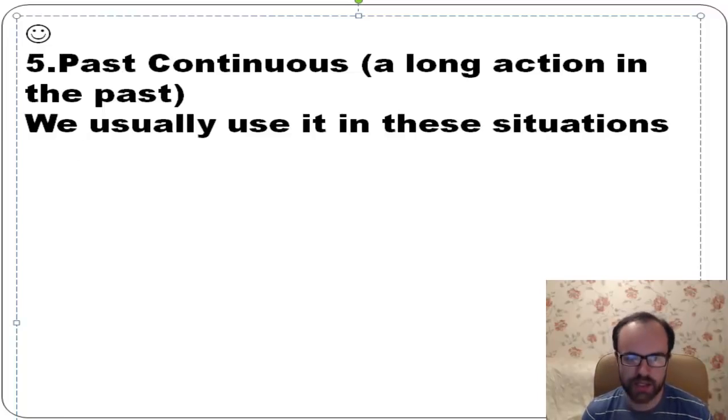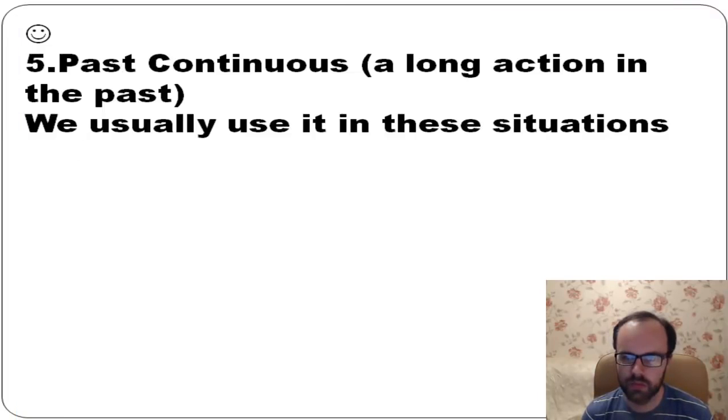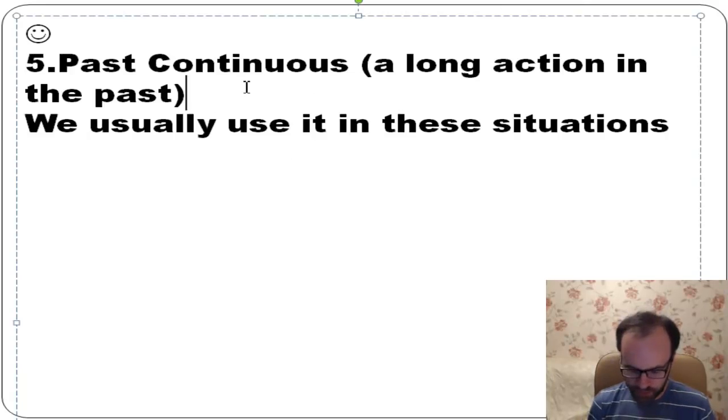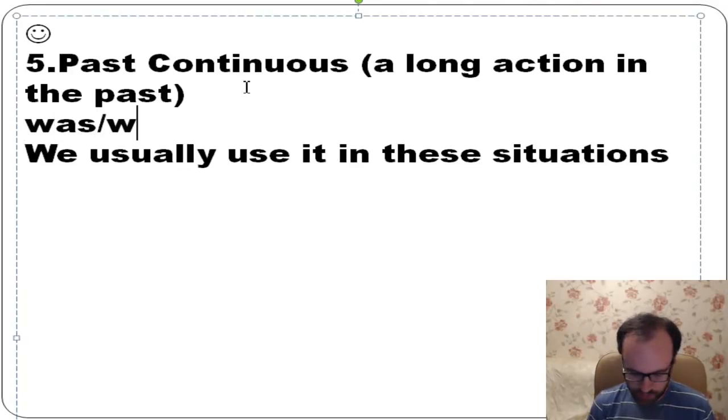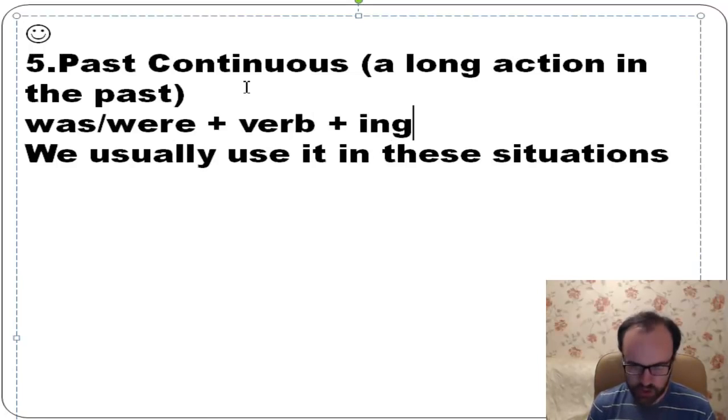So, let's look at it. And we form it this way: was, were, plus verb, plus ing.